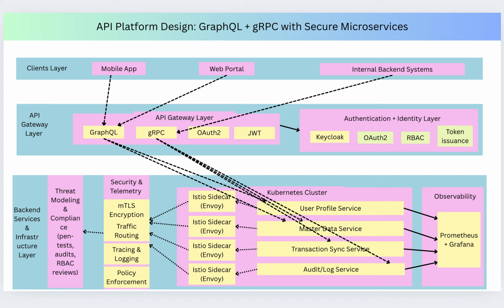GraphQL enables clients to request exactly the fields they need, nothing more, nothing less. This minimizes payload size and improves performance for mobile users. gRPC supports binary protocol based remote procedure calls, ideal for internal services exchanging high volume structured data.